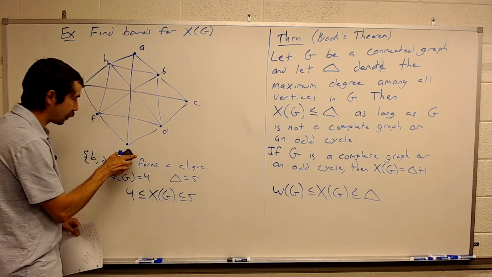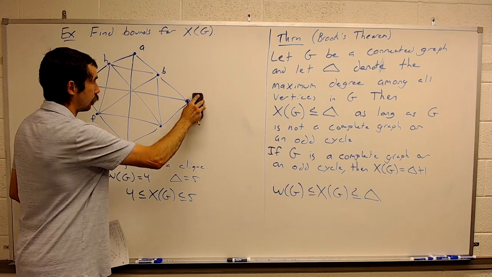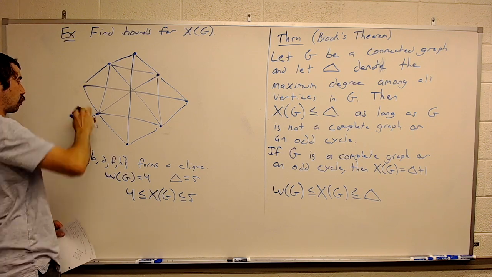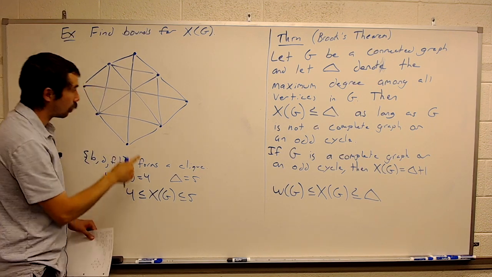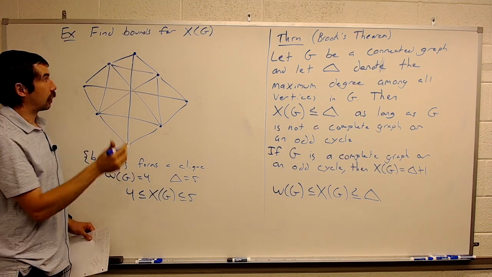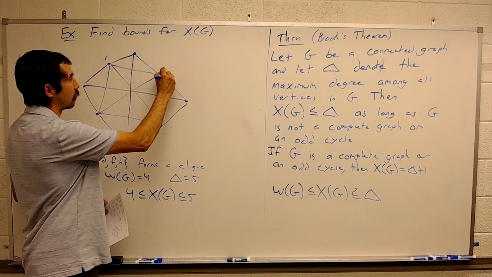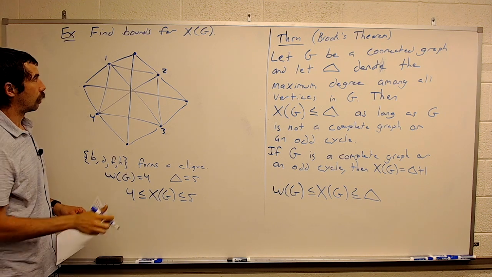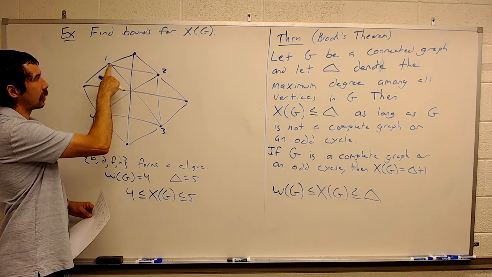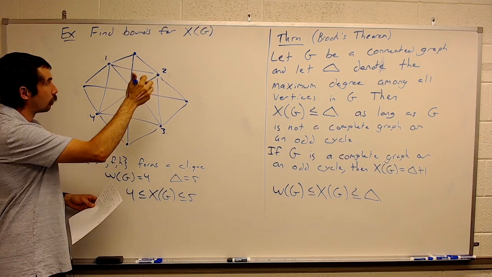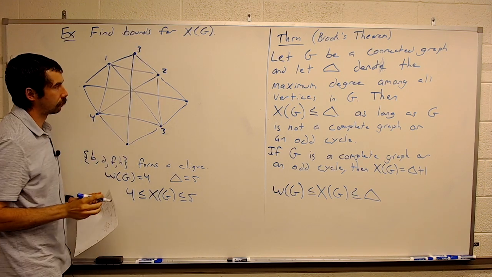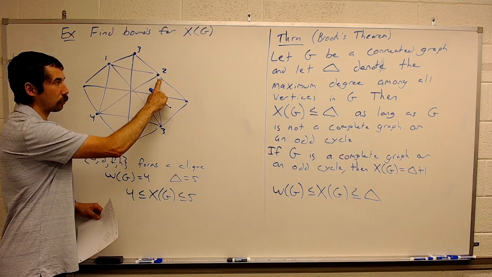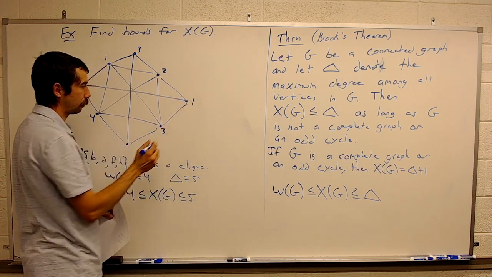All right, so I'm going to erase these labels and let's see if we could color this graph in 4 colors. I'm going to start with the clique because I know they all have to have different colors. All right, this vertex is neighbors with 1 and 2, so I'm going to label it 3. This vertex is neighbors with 2 and 3, so I'll label it 1.